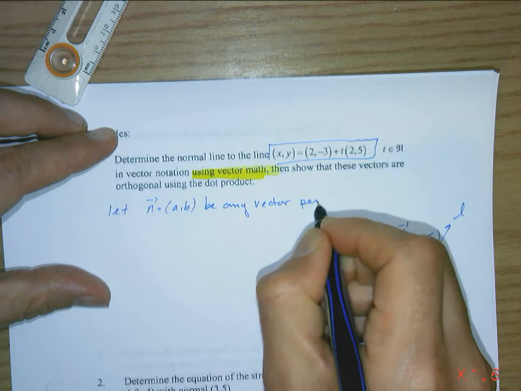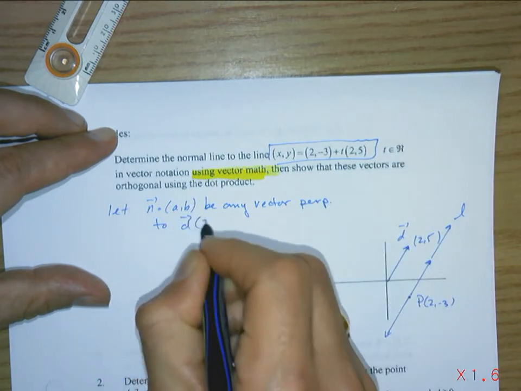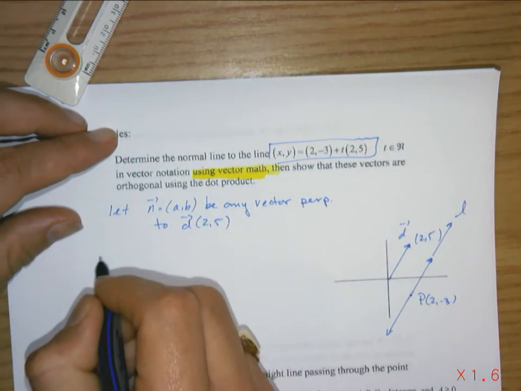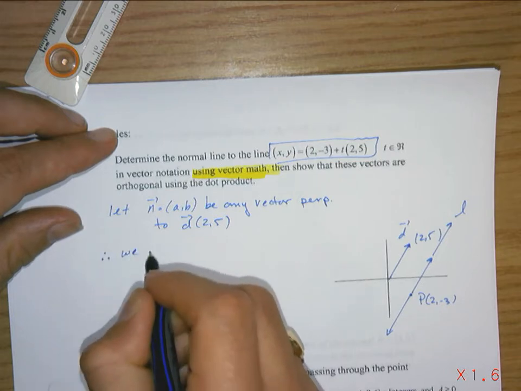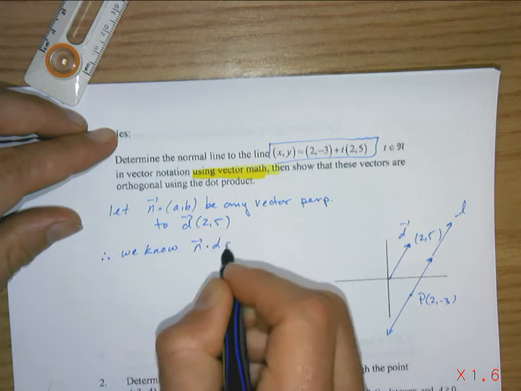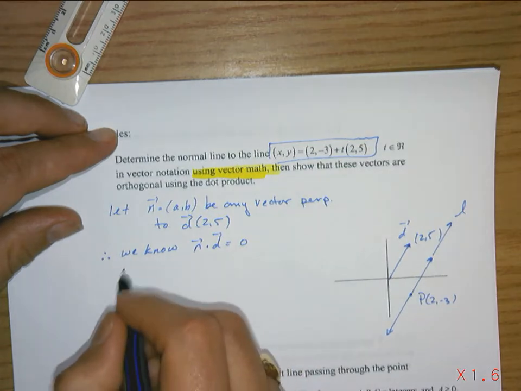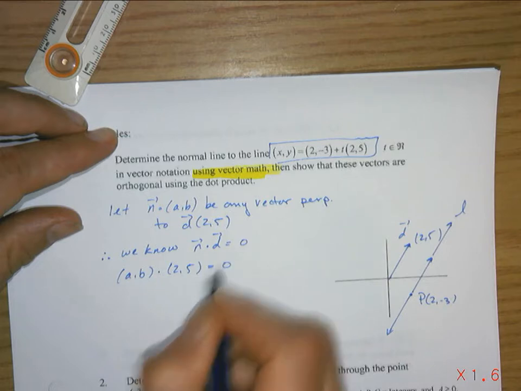If they are perpendicular, we know n dot d should equal 0. That's the definition of the dot product. So we know (a, b) dot (2, 5) should equal 0.